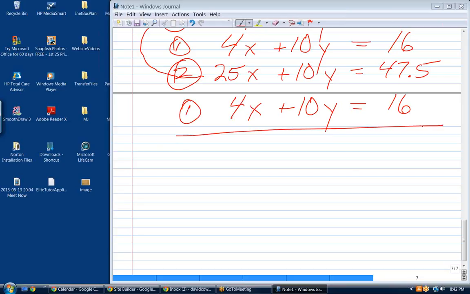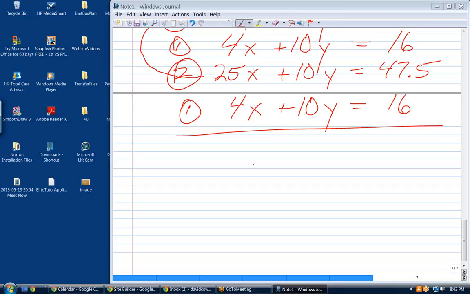What does that leave me? In other words, our goal is to eliminate a variable. Well, I can get rid of y. If I subtract equation 1 from equation 2, y will disappear.